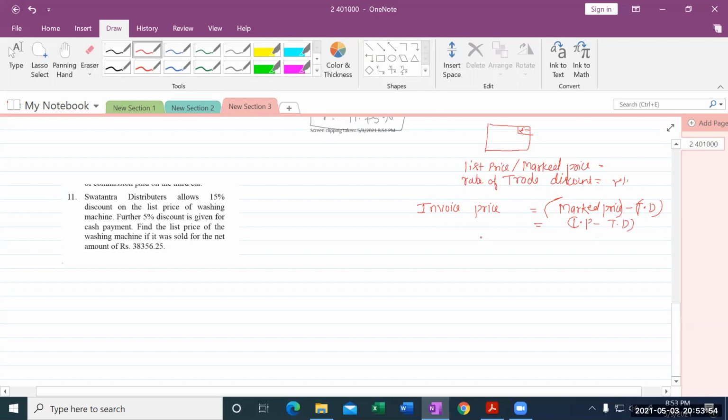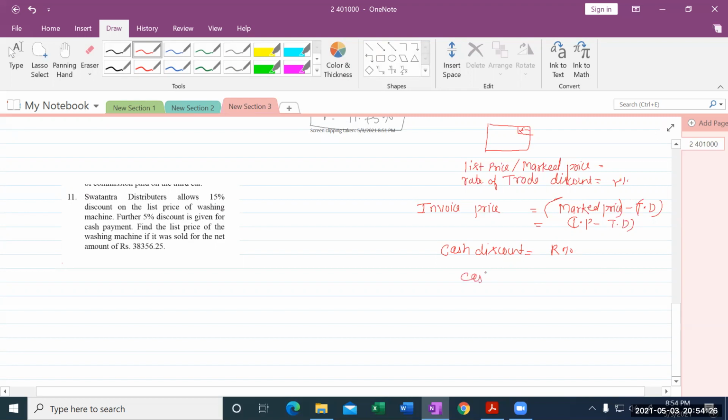Then the second discount is called cash discount. The shopkeeper is giving a further discount of say R% again, R1, R2, it will be different values. So suppose I take capital R% as a further discount, which is called cash discount. Means you are getting some more discount on it. That discount is always calculated on the invoice price.